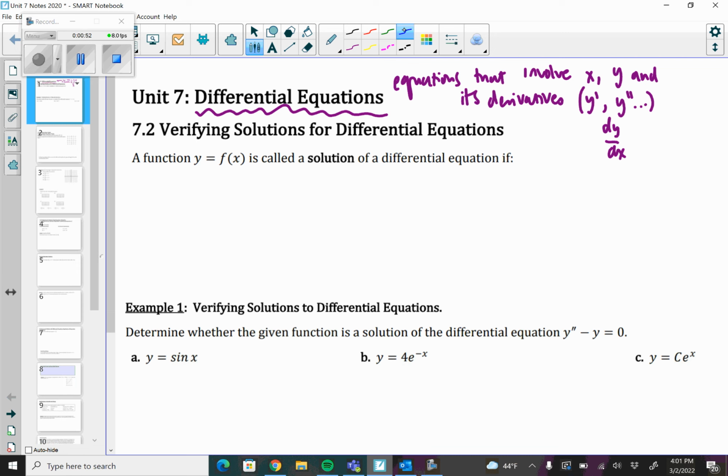We say that an equation y equals f of x is a solution to a differential equation if the equation is satisfied when y and its derivatives are replaced in that differential equation.